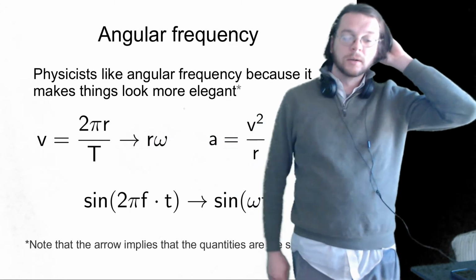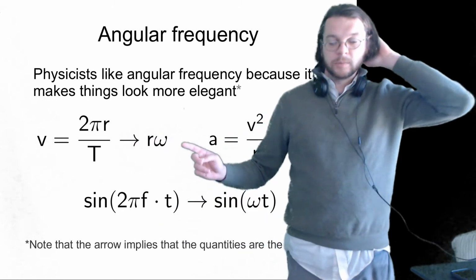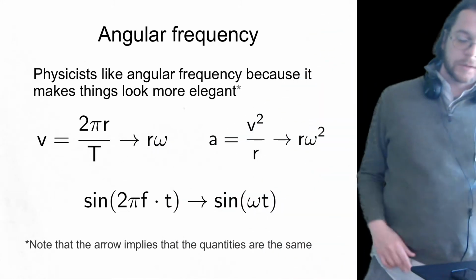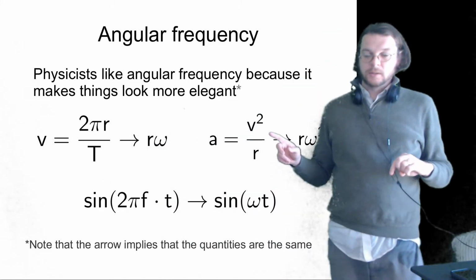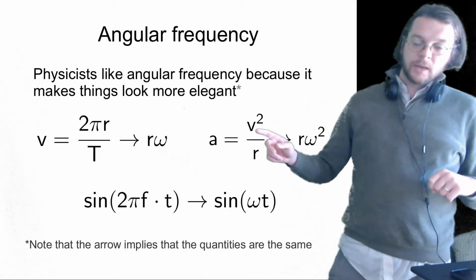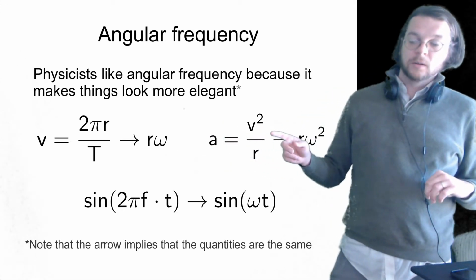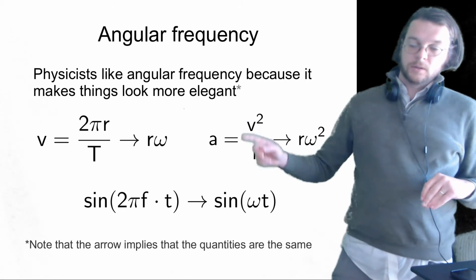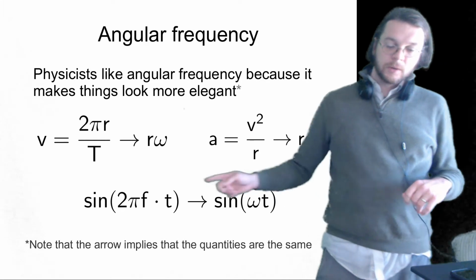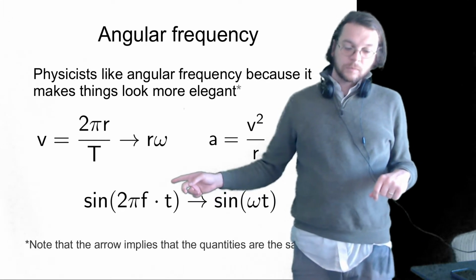Technically, that's an equal sign there. So arguably, this is much more elegant than that. Maybe. I don't know. And then you can also rewrite this: v equals r omega, you can stick that into the acceleration, you get r squared omega squared over r. The r squared cancels with the r, and you end up with acceleration equals r omega squared.